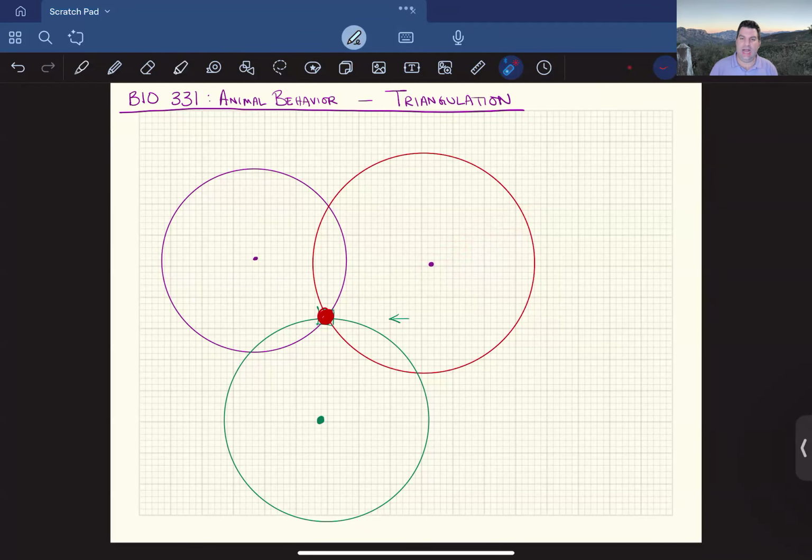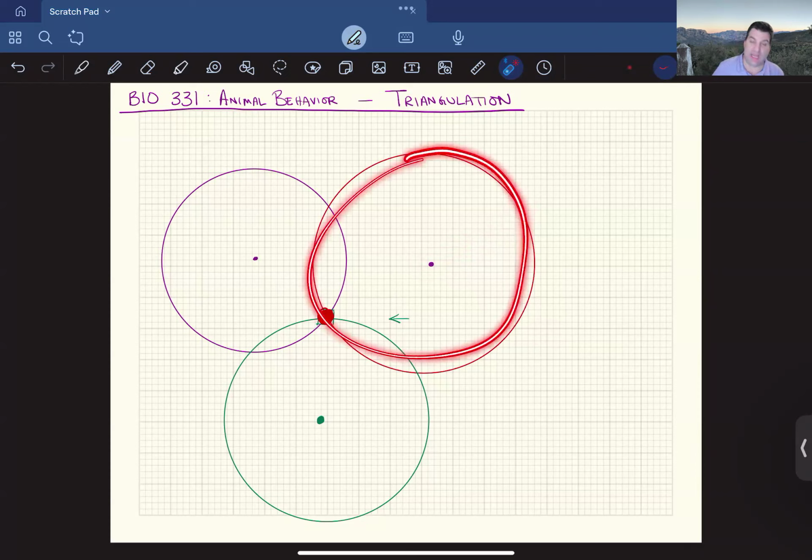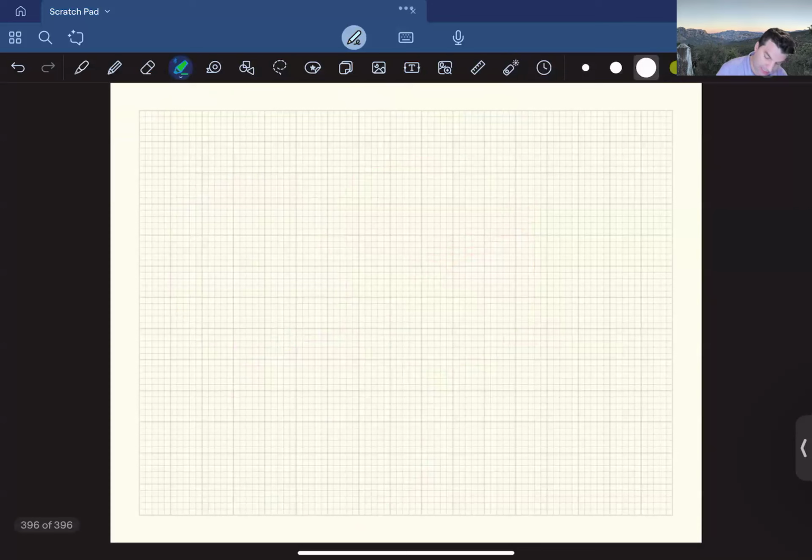And so really I could redo this problem not using a line, but by using my highlighter. So let's see what that looks like. So I'll go over here. And I can say, well, let's say that I'm sensing from a point, say around here.